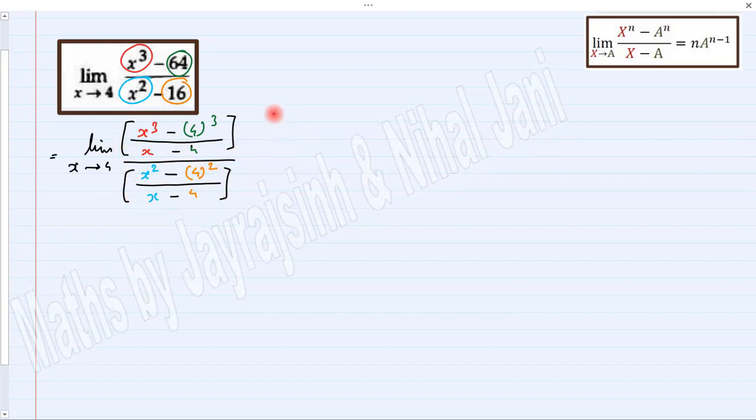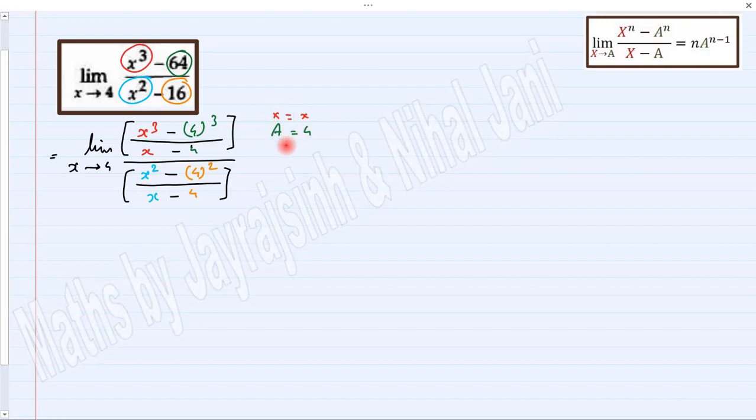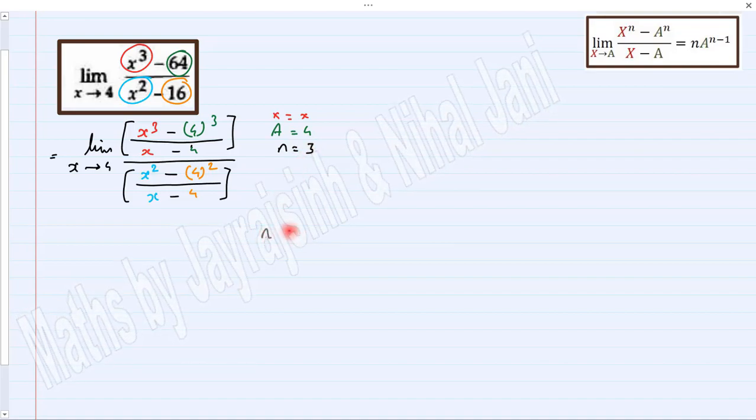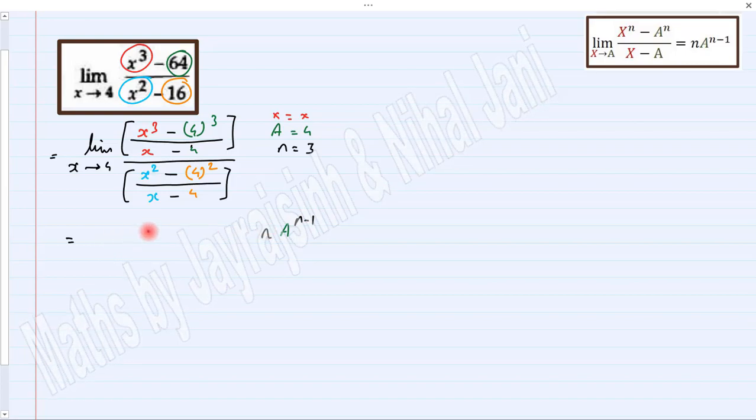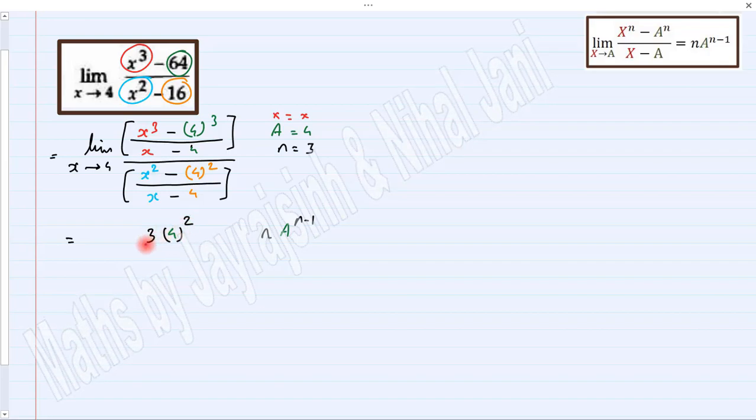In numerator, your capital X is x, capital A is 4, and n is 3. Using right hand side, which is n into capital A raised to n minus 1, we can get our numerator, which is 3 into 4 raised to 3 minus 1, or we can say 2.